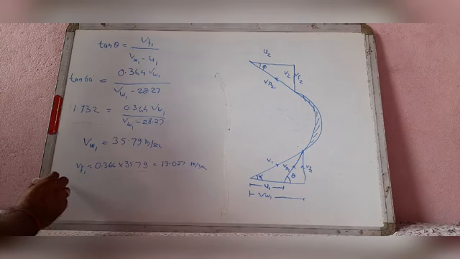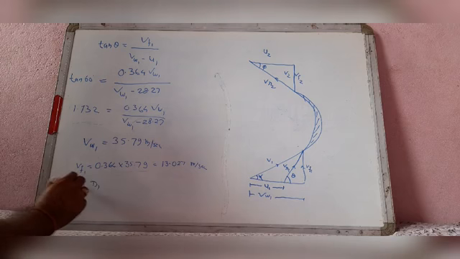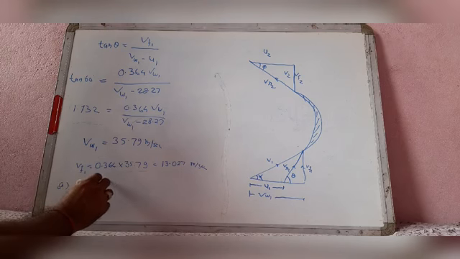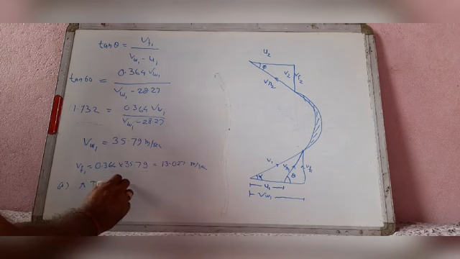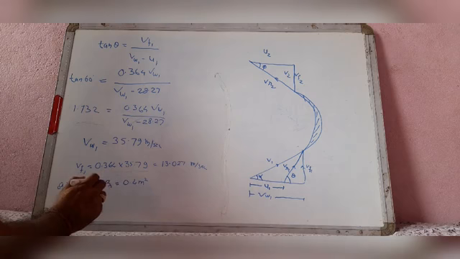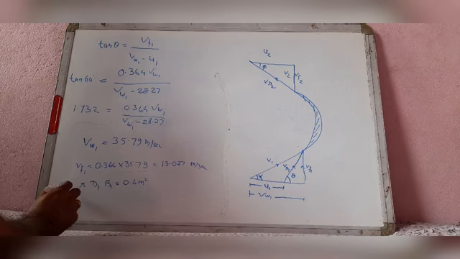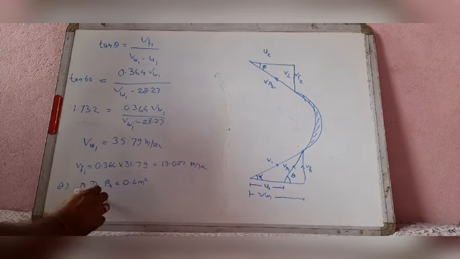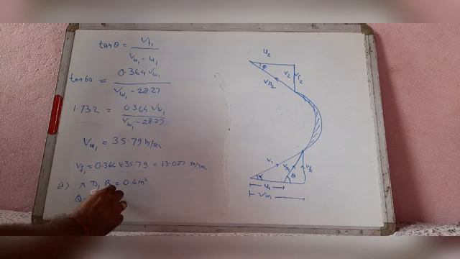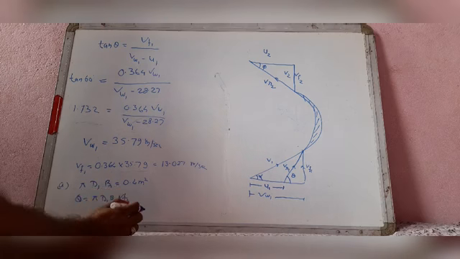This is flow area, pi D1 B1 equal to 0.4 meter square. And as we know, Q equal to pi D1 B1 Vf1.